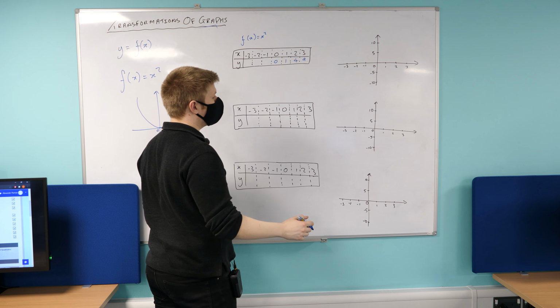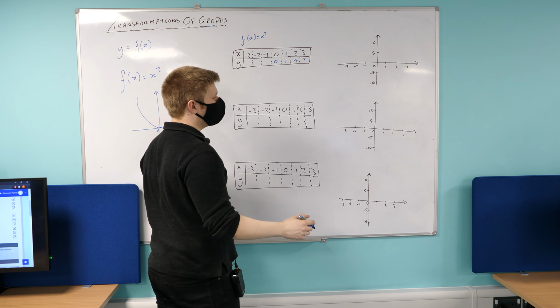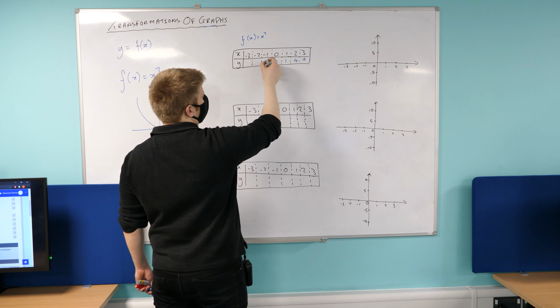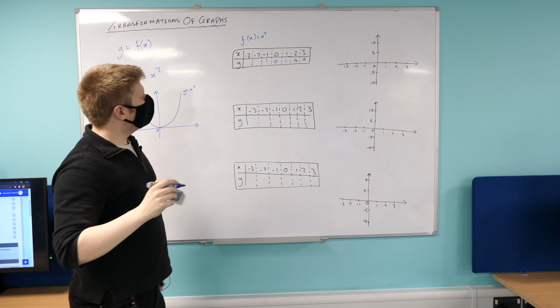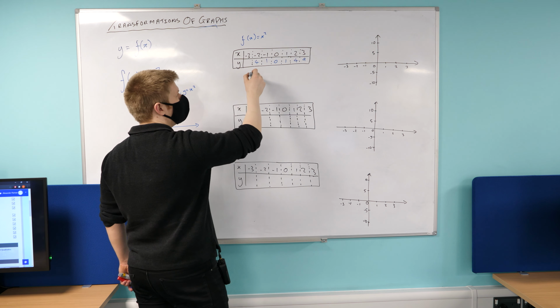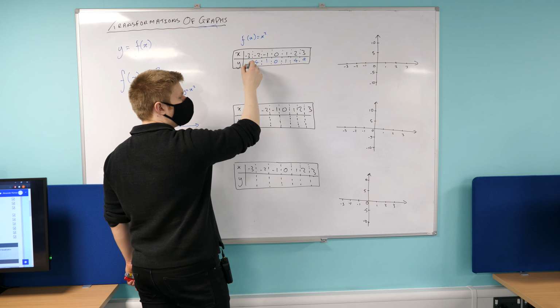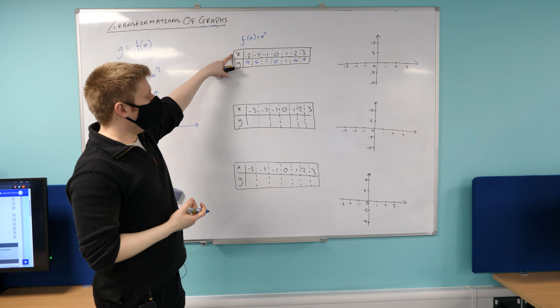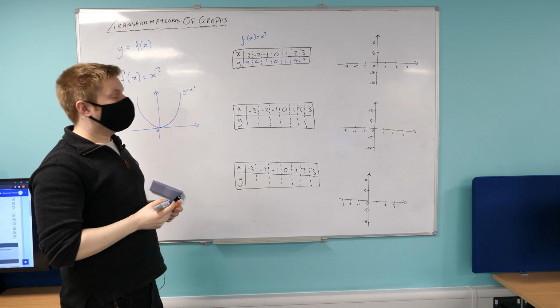You sure? Good, because negative 1 squared is just 1. Perfect, well done. Put negative 2 in. Good. And negative 3. Good. Excellent, well done.